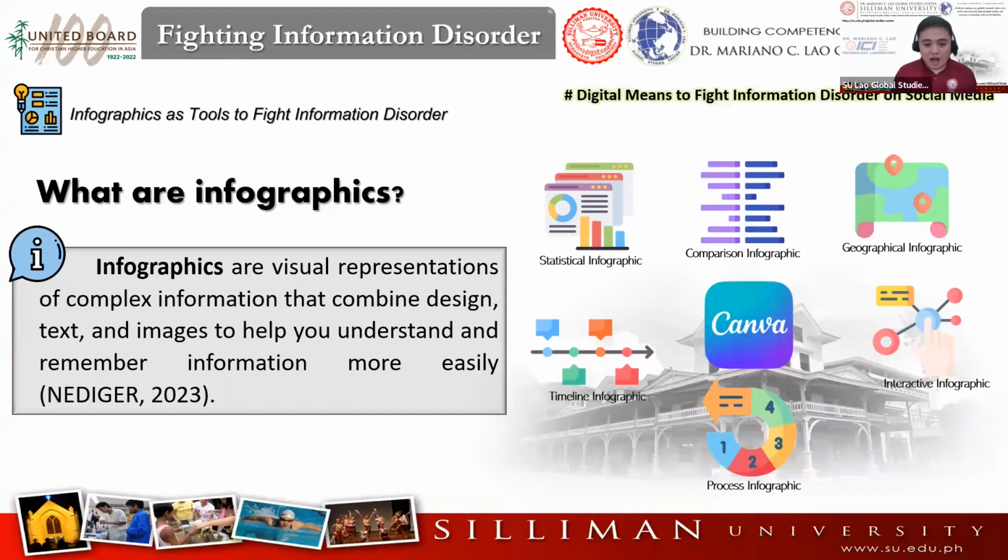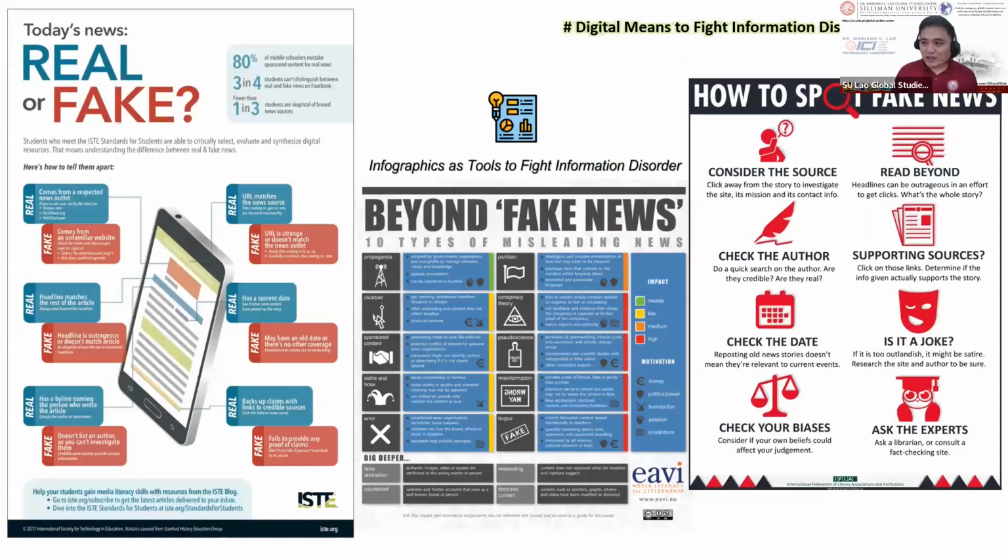So here, I will show you an example of an infographic to fight information disorder on social media. These are some examples of the infographic. Again, it's a combination of the design, the text, and the images to convey specific information. Particularly, we are here to advocate fighting information disorder.